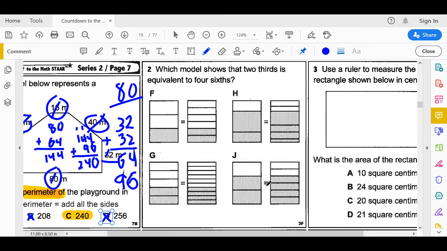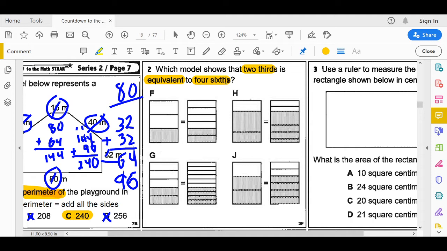Number 2. Which model shows that 2/3 is equivalent to 4/6? First, let's remember that equivalent means the same value, equal. And we need 2/3 and 4/6.